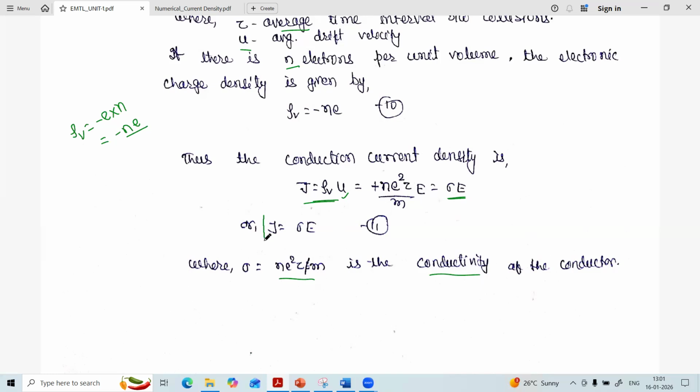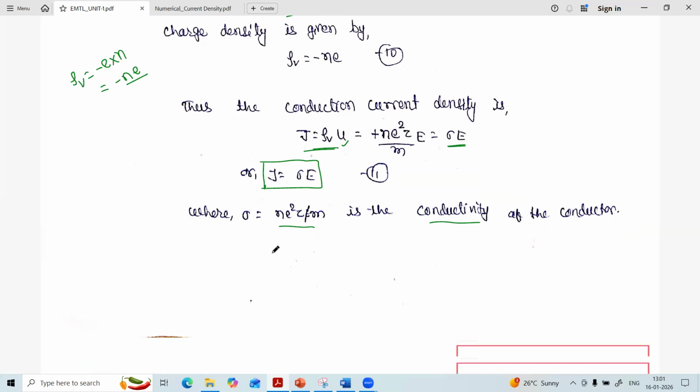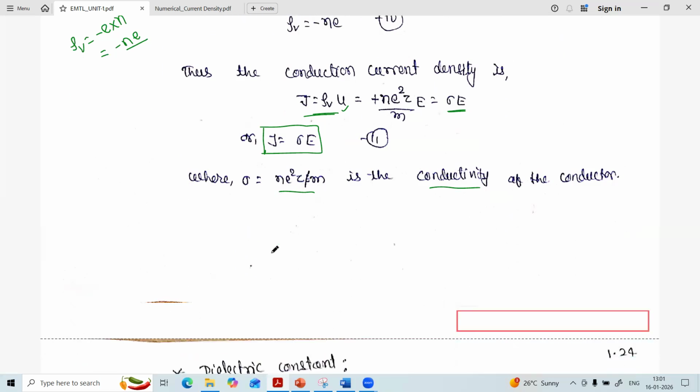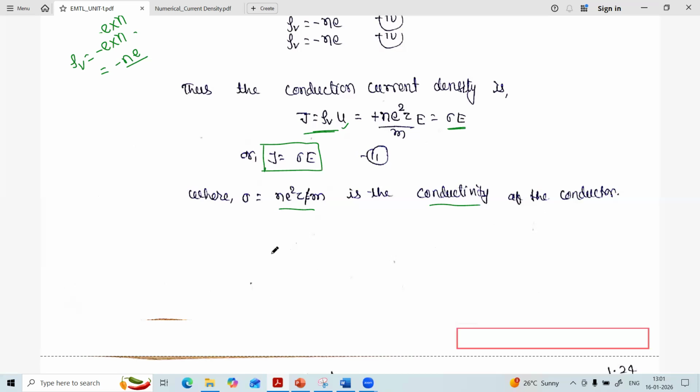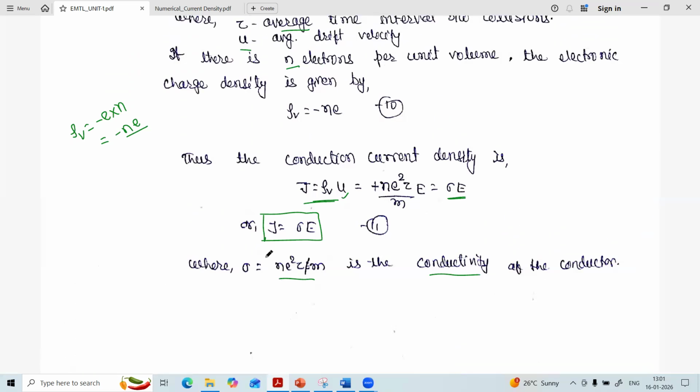So we have J equal to sigma E. So this is the conduction current density. Before that, we got the convection current density.